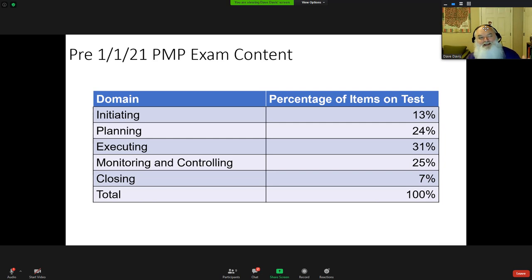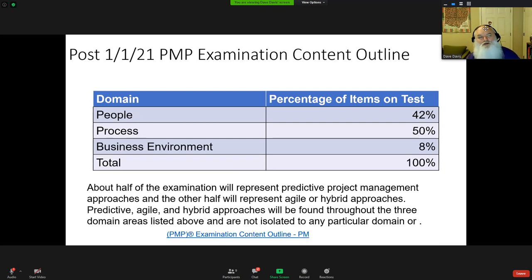So with that, the exam went away. The new year, we now have the content outline broken out into people, process, and business environment. And as you can see, people and process make up 92%, and then business environment is going to be 8%. And half the examination will represent predictive project management, and the other half will represent agile or hybrid approaches.